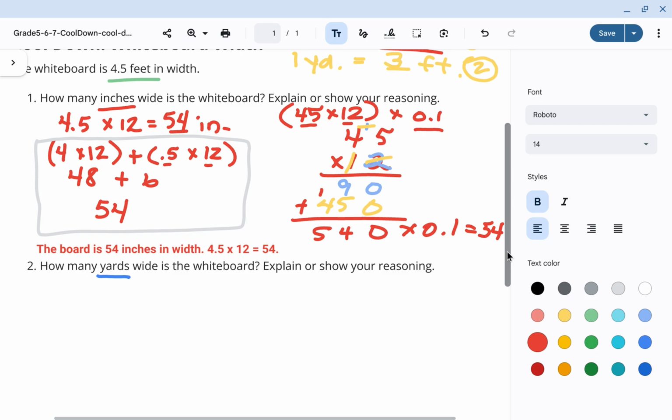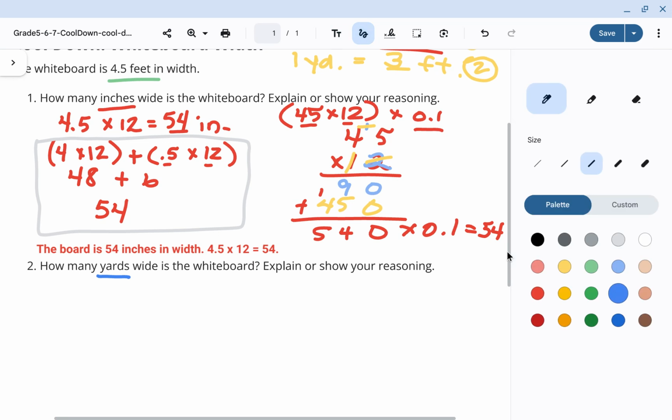So here we started with the idea that we had 4 5/10 feet. Oops, let me switch back. Here we go. We have 4 5/10 feet. But now I don't need as many units, so I'm going to be dividing to figure out how many yards I need to measure the same distance, and it has a relationship of what?